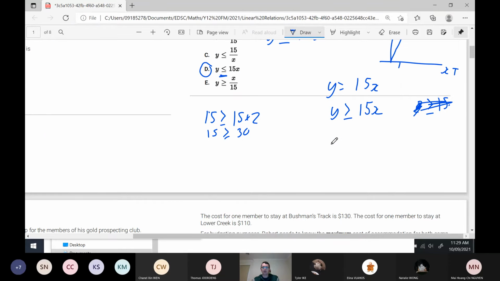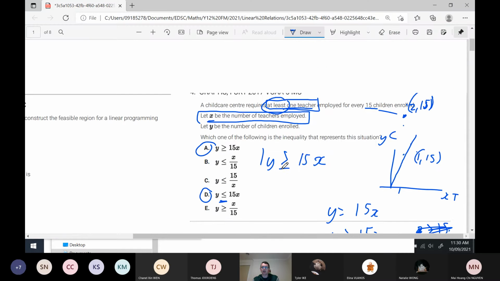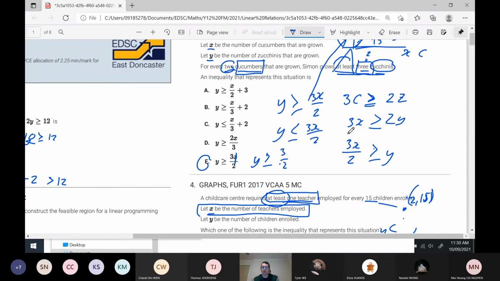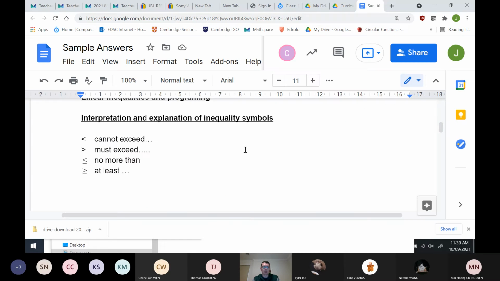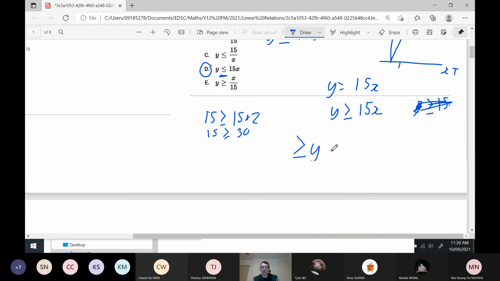So really what I need to do is, at least is done to my teacher, therefore it needs to be that way. At least that way. So when you see the at least, it did it that one. So that's why I've actually got that around the wrong way. So you need to be a little bit careful with that: the at least, and what the second word comes with, will be pointing that way. So I need to actually do at least and then teachers.